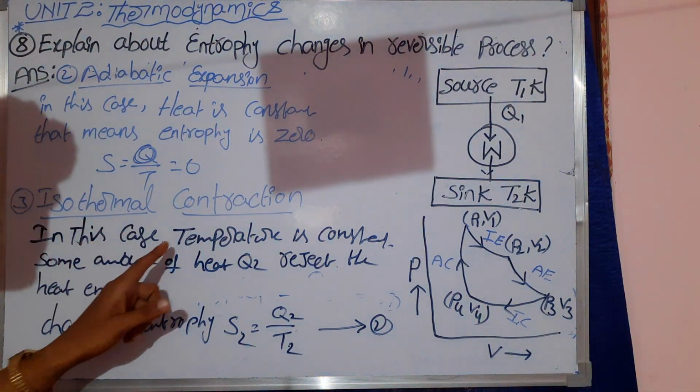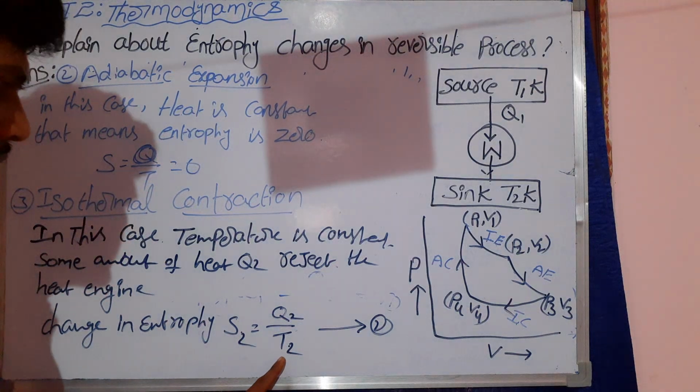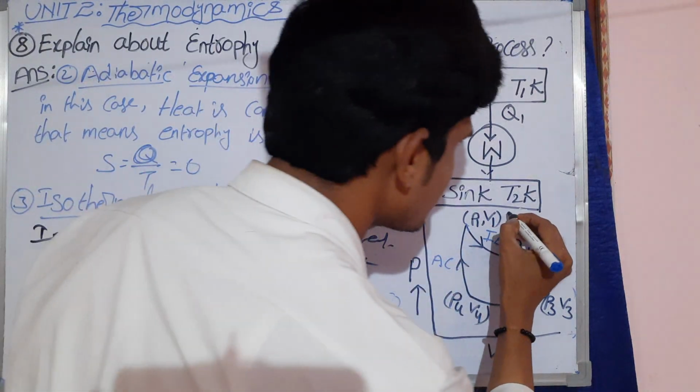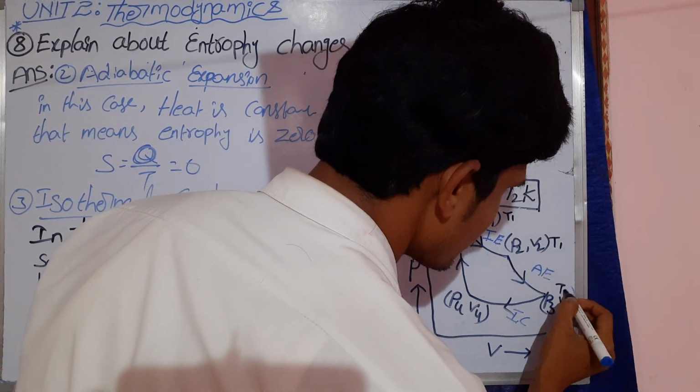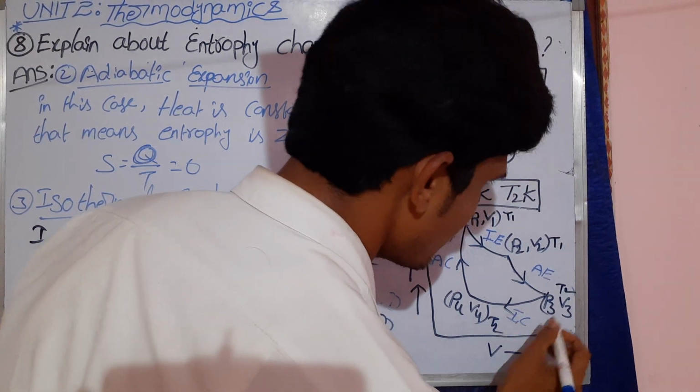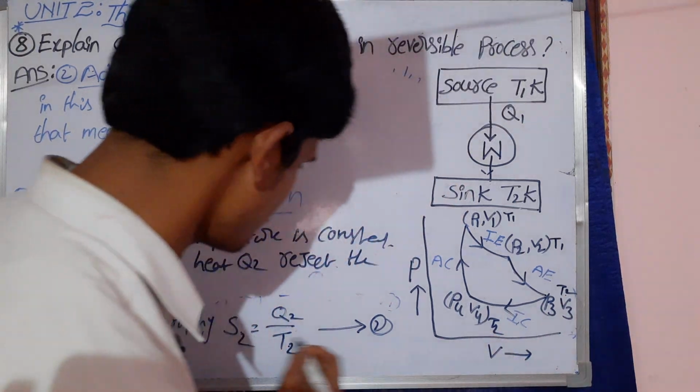Isothermal means temperature is constant. So temperature T2 is constant.